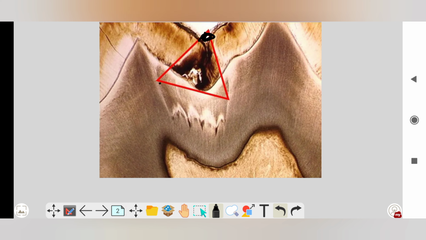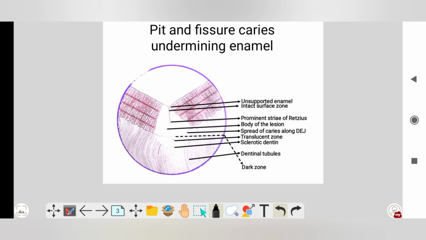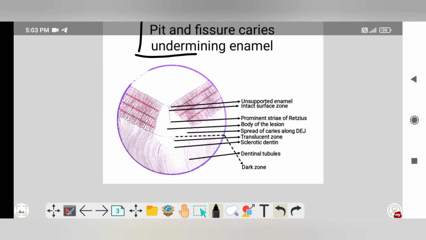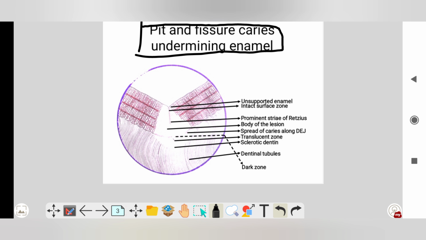Pit and fissure caries always shows more demineralization and more involvement of the subsurface enamel. Now another type of pit and fissure caries leads to undermining of the enamel. Here there is also a formation of a triangle, but the base of the triangle is very large.